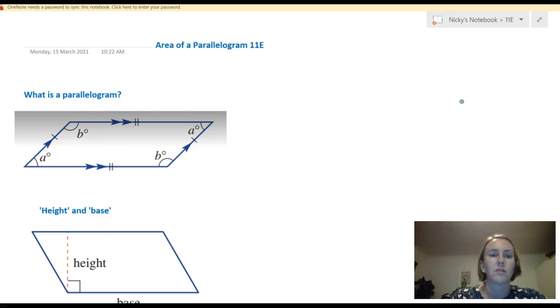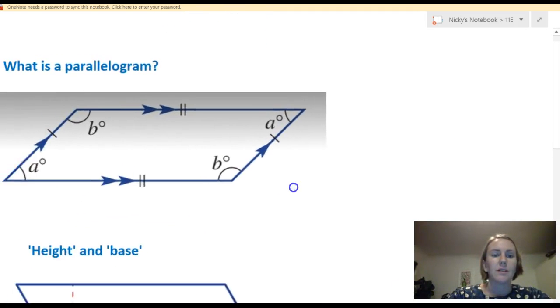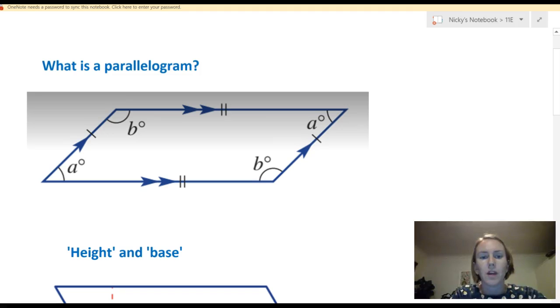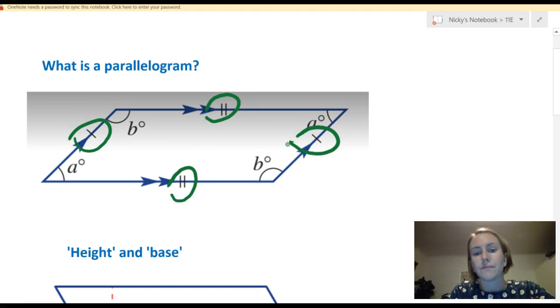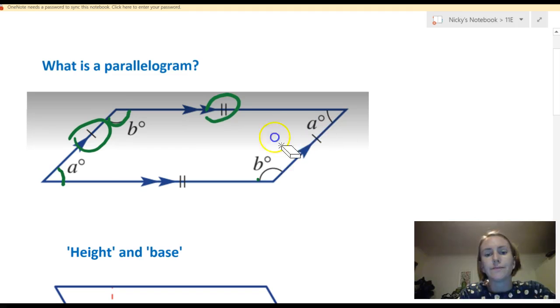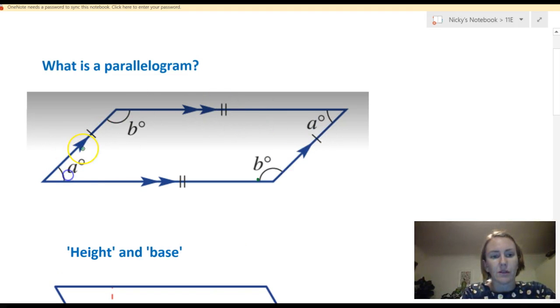The features of a parallelogram, and here's an example, are that opposite sides are equal in length, so these two and these two, and we know by that symbol that they are equal. We also have opposite angles equal in size, across from each other, labelled B and B to show they're the same, and A and A. The other things we have, of course, are two sets of parallel lines.